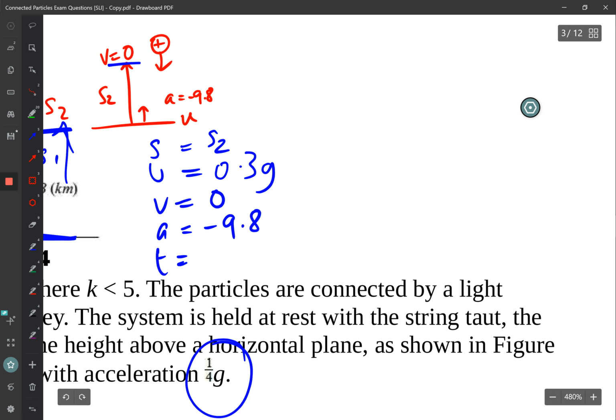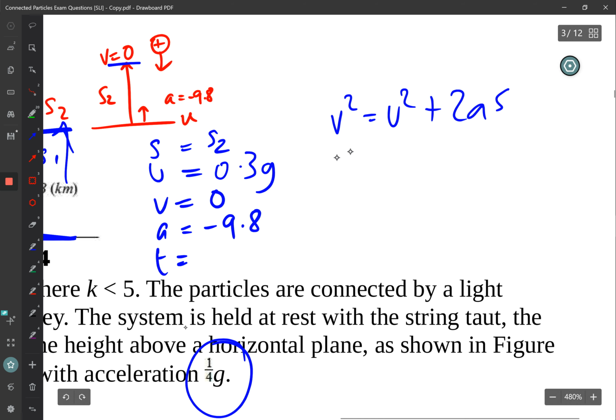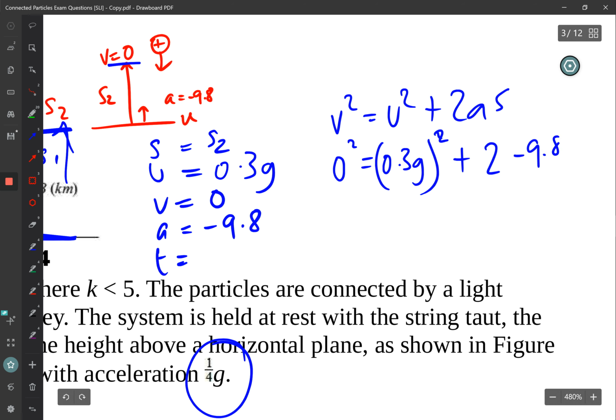From here, we want to find s, so we just do v squared equals u squared plus 2as. Now you know that v is 0, so 0 equals 0.3 g squared plus 2 times negative 9.8, and s is s2, we don't know what that is.